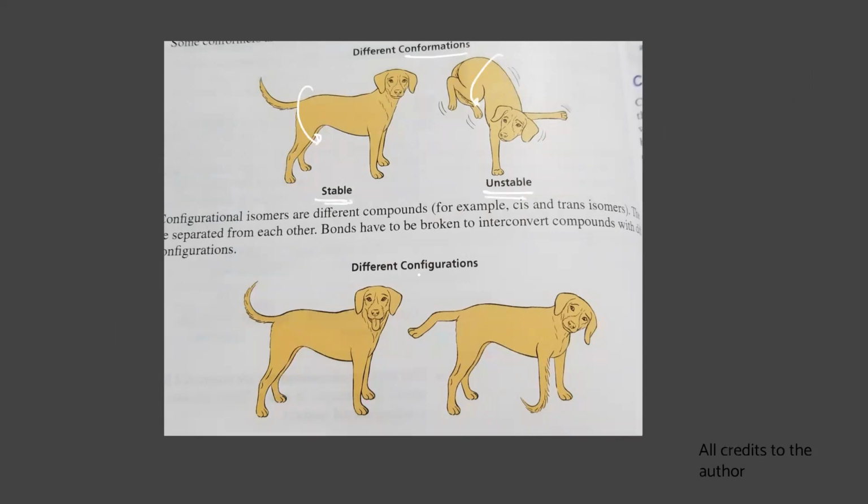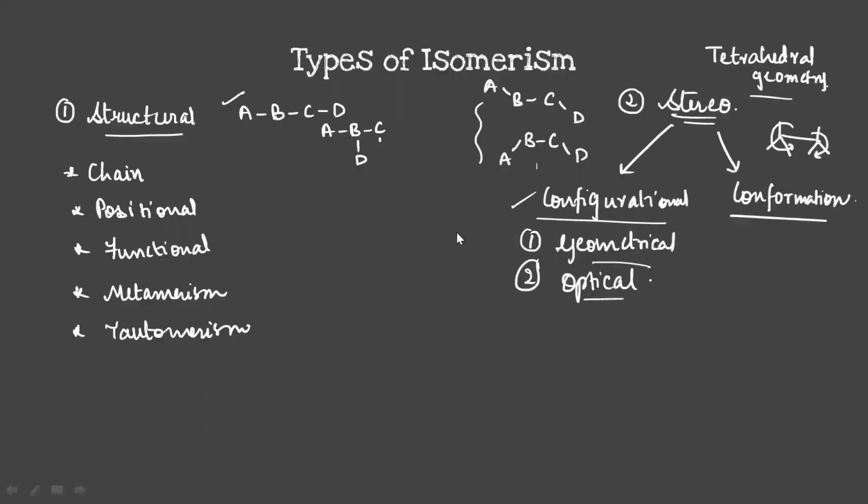Now see here, when we are talking about configurations, in configurational isomerism, you have to break bonds and place them somewhere else to make a new isomer. Let's take an example: H, Cl, and then Br. Now, I'll take a mirror image. What will be its mirror image?